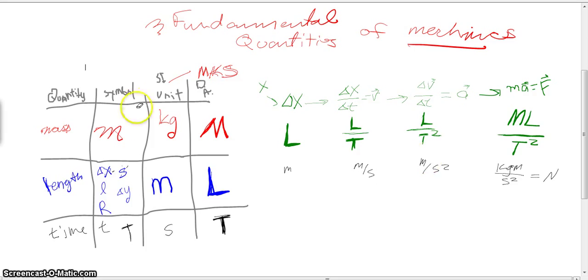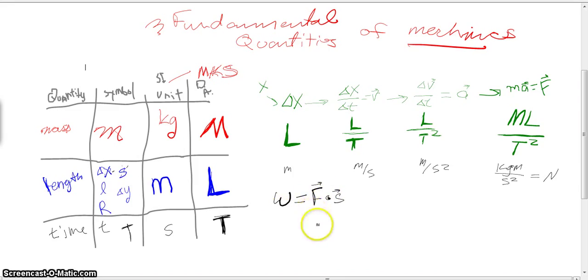Okay, so this is good for balancing equations. Let's say something really simple, like work equals force dot displacement. Don't worry about the dot, the cosine theta. Let's see if that balances out.